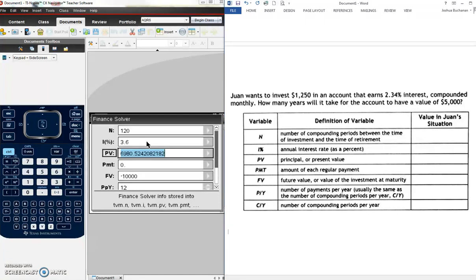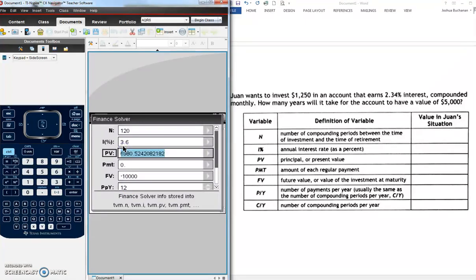So if we invest that money, excuse me, it means we have a present value. So I'm going to make it negative 1,250, and then future value will be a positive $5,000, because we want to know how many years it will take to have in the future $5,000.